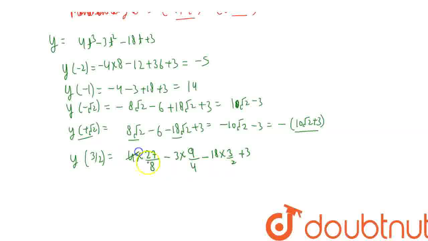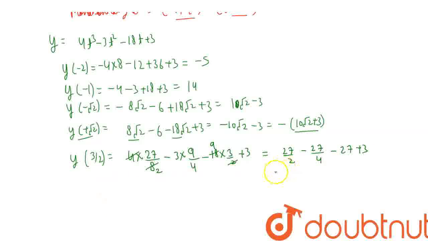So here we get this 4 getting cancelled out with this 8. Similarly, here we have the 2 getting cancelled out with this 18. So if we solve this, then we get 27 by 2 minus 27 by 4, and here 9 3s are 27, plus 3.